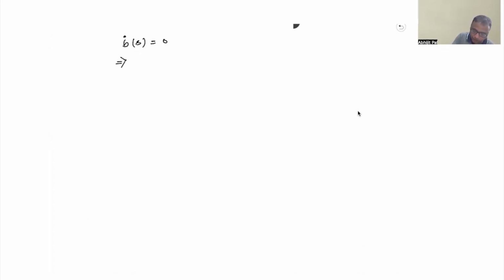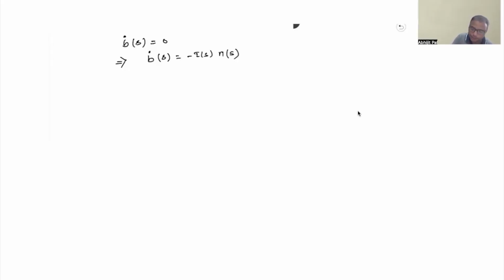So now, what is the relation between the derivative of this binormal vector and the normal vector? It is given by this equation: B dot (s) is equal to minus tau(s) times the unit normal vector. This we obtained in the last class.